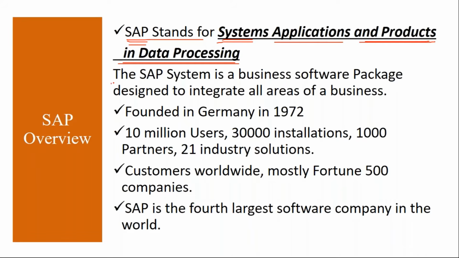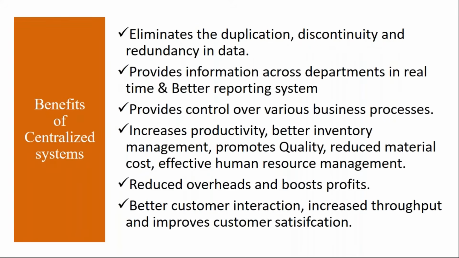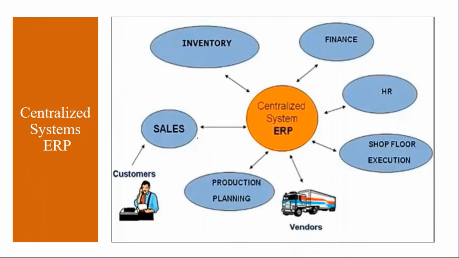The SAP system is a business software package designed to integrate all areas of business. So this is the one we discussed. All areas of business: sales, production planning, inventory, warehouse, finance, HR, and shop floor execution, these departments.